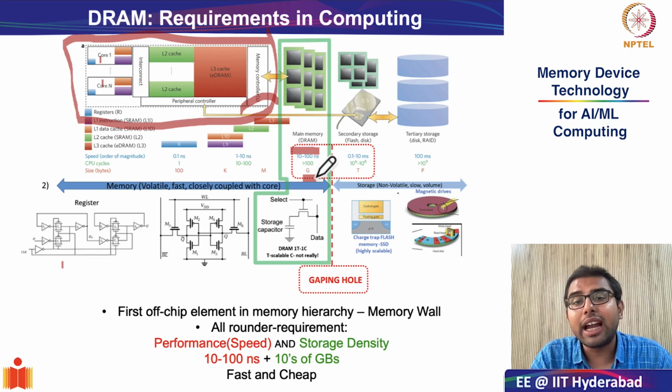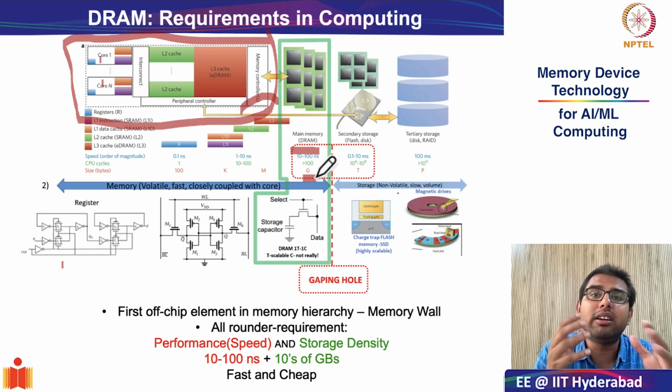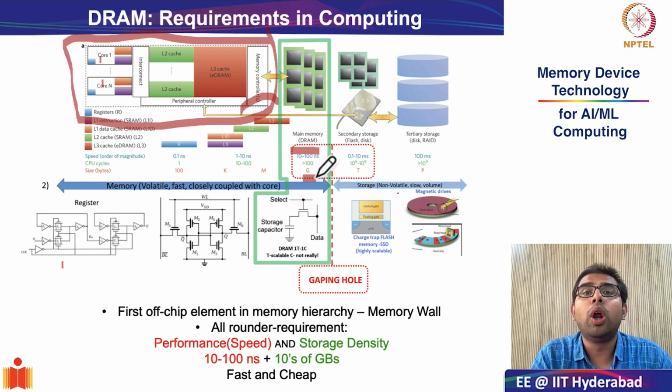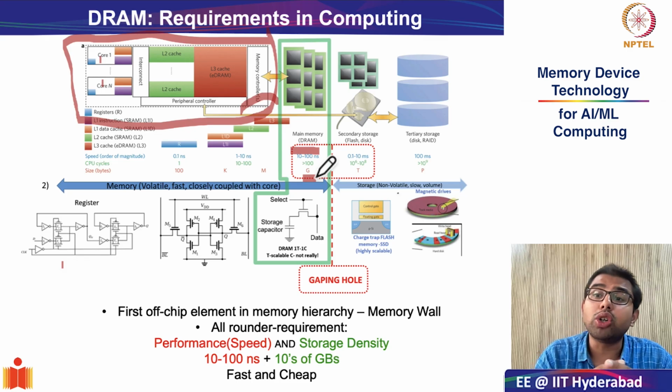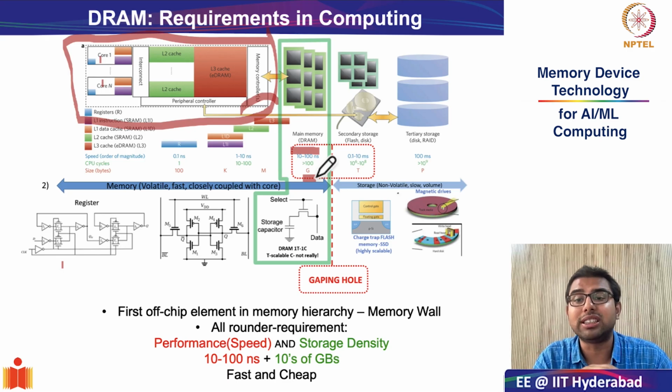In a cricket team, you have specialized batsmen and specialized bowlers, but often you require team players who know a bit of both batting and bowling, right? So these all-rounders often win you the matches, right? And this is what is also expected from the dynamic random access memory, which constitutes the main memory in a computing system, right?